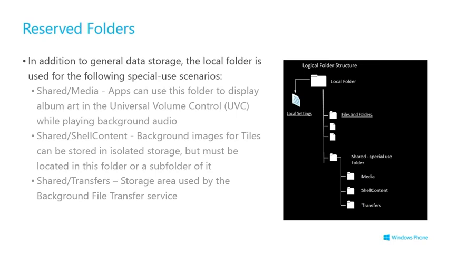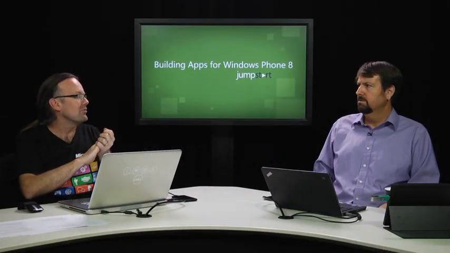So there's this shared media files subfolder, which is a good place for album art. This is where you go if you've got an app that's playing background audio. You see the normal volume control appear at the top of the lock screen, and you can select to have the album art shown on the lock screen if you're playing any audio.